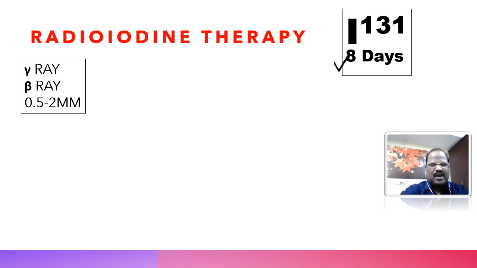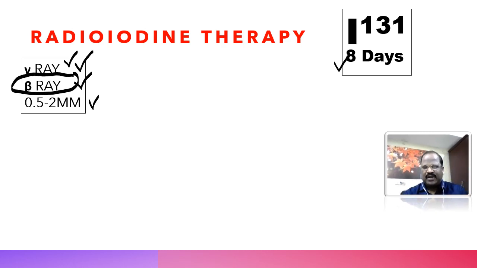One is called gamma ray, and the other is beta ray. The power of penetration of this radiation is 0.5 to 2 millimeters. Here is an important MCQ: among beta and gamma rays, remember gamma rays are useful for diagnostic purposes, that is thyroid scanning. Beta rays are useful for treatment purposes. Remember, beta rays are useful for treatment purposes.